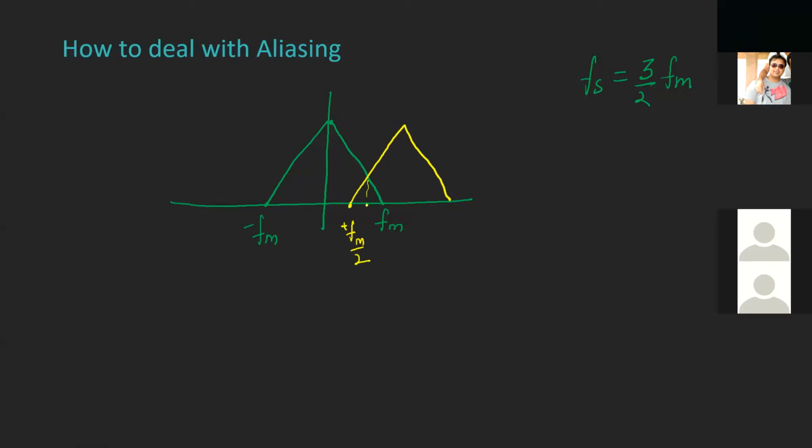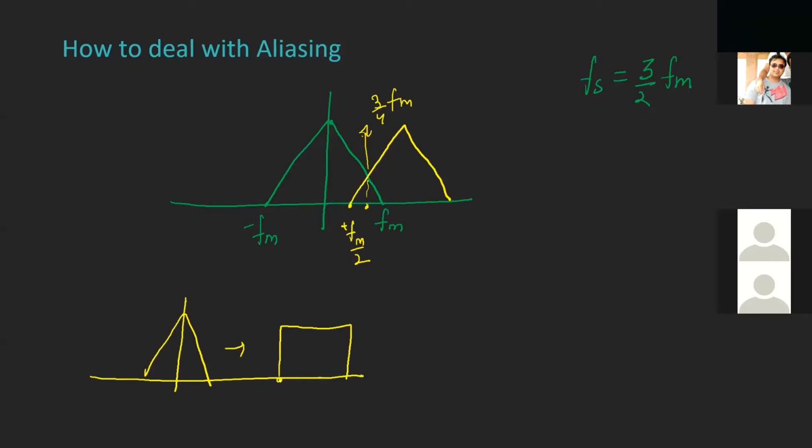Now let's assume what this frequency will be. This frequency will be just in the middle of them, so this frequency will be 3 by 4 fm. Correct. Now let's assume that before sampling, I passed my original spectrum through a low pass filter. Just for ease of understanding, I am plotting the ideal low pass filter here.